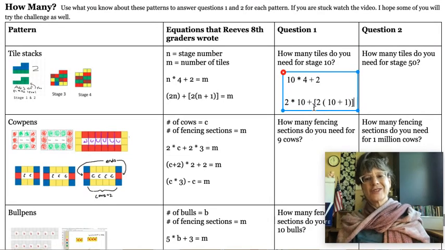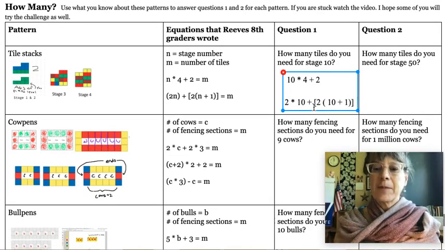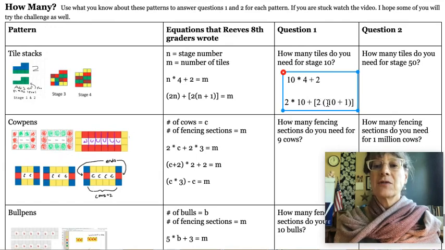Either of those expressions will give you the same number of tiles you would need for stage 10.